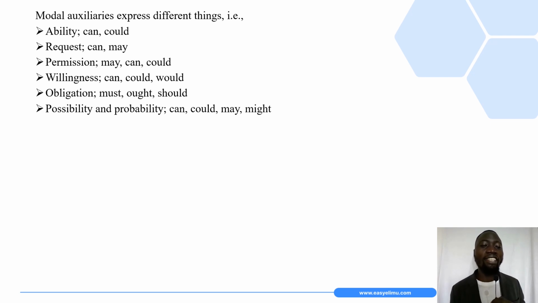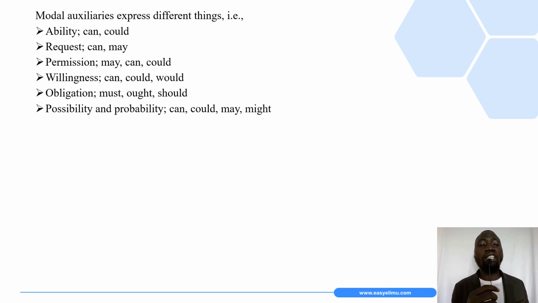Again, here we have can and may. We can use them to express permission, and the examples of some of the modal auxiliaries in this category are may, can, could. Then again, we can use them to express willingness. And here we have can, could, and would.